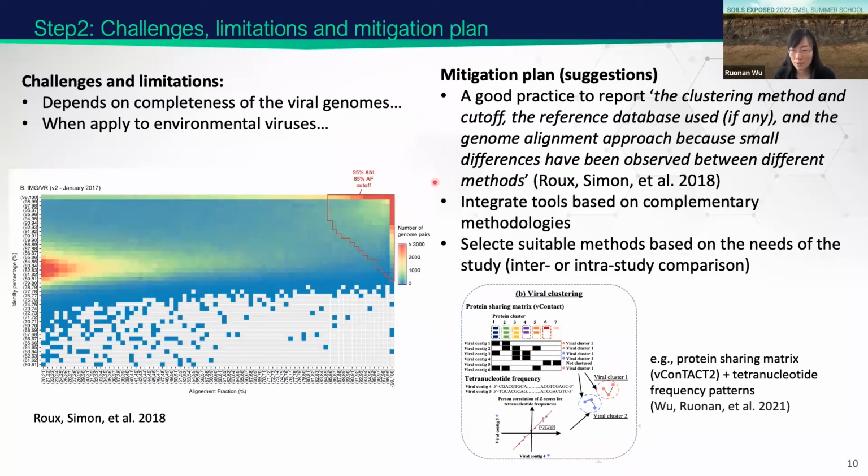The same cutoffs are still informative to some extent, but they do not cluster the viral sequences as cleanly as we saw in the previous NCBI RefSeq viruses. So when applied to environmental viruses, there are still some problems there.